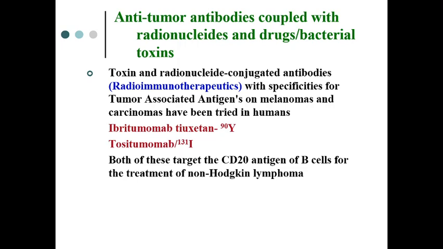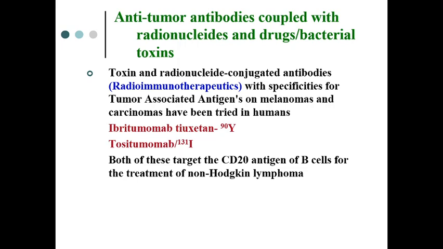Then coming to the other approach where anti-tumor monoclonal antibodies are coupled with radionuclides or bacterial toxins, which deliver the radionuclide or the bacterial toxins onto the surface of the tumor cell.